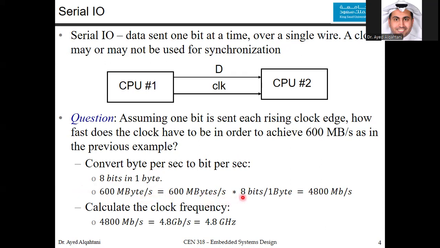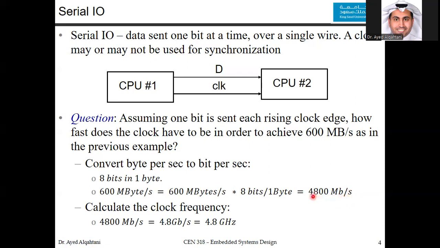If we multiply it by 8 bits for a single byte, now you can take out the byte with the byte, and you end up with 4,800 megabit per second. Now, the megabit per second, we can say that this is actually hertz. The bit per second is the unit hertz, that is for the frequency.